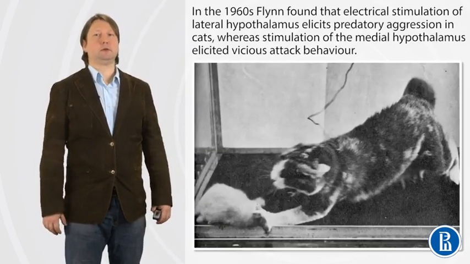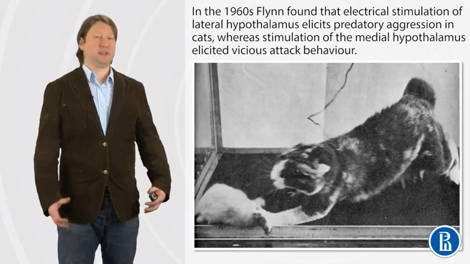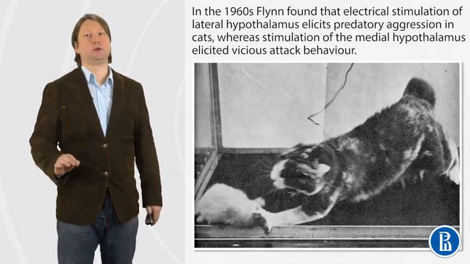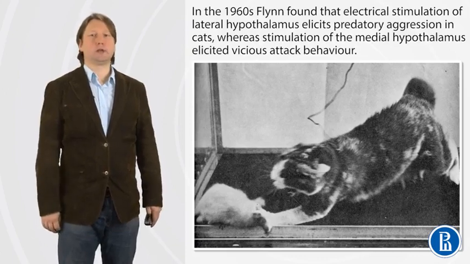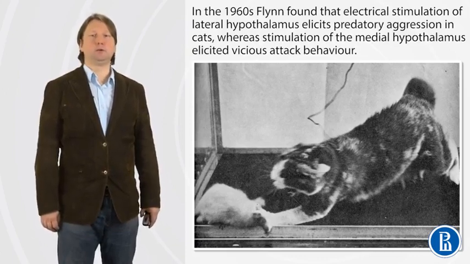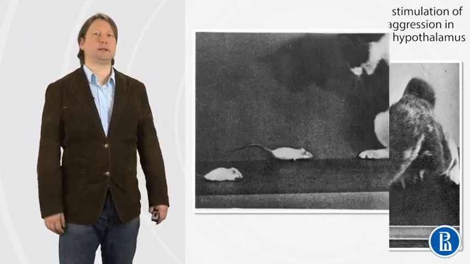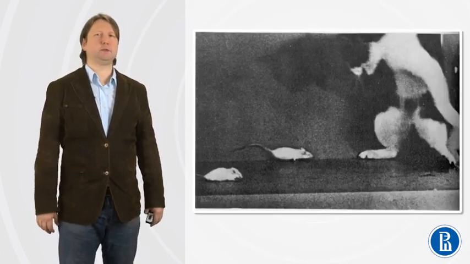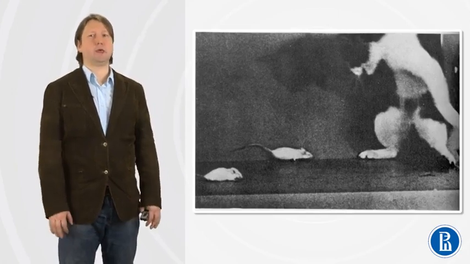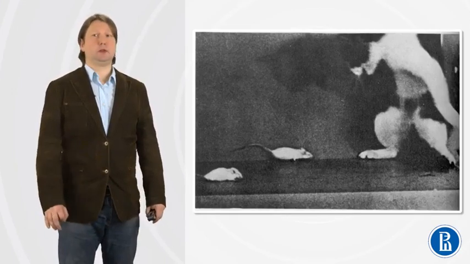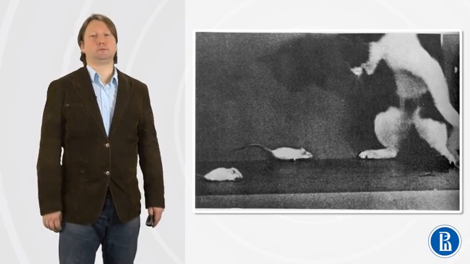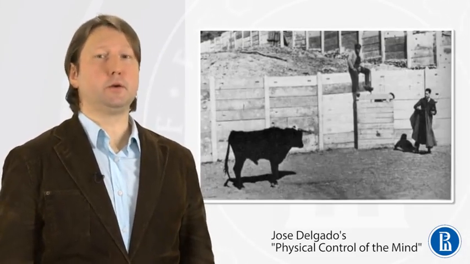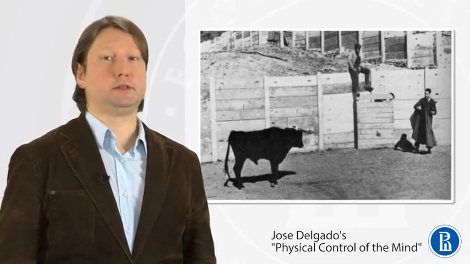An animal behaves aggressively if you stimulate a very specific region of the hypothalamus. On the other hand, we know that you can induce fear by electrical stimulation of certain brain areas. So for a long time we have known that we can evoke different behavioral patterns by stimulation of very specific brain regions.